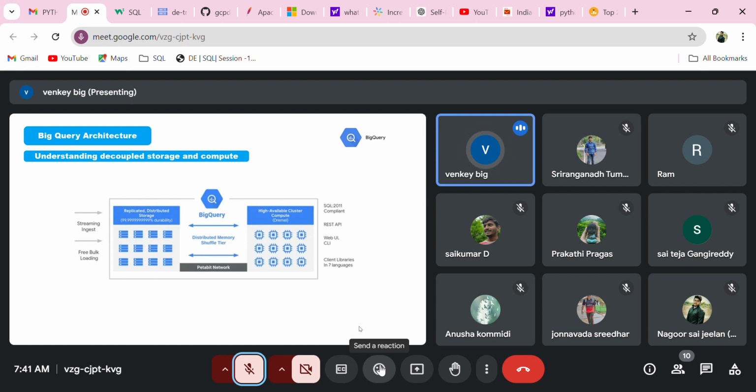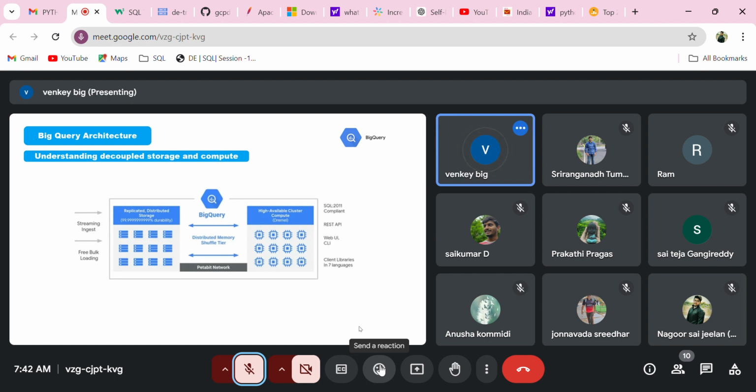Okay, now coming to the third part, which is the execution engine. So you have the storage ready now, you have the compute ready now, and the execution engine is something you need to understand. When a query is submitted, how it will execute in the background is important.